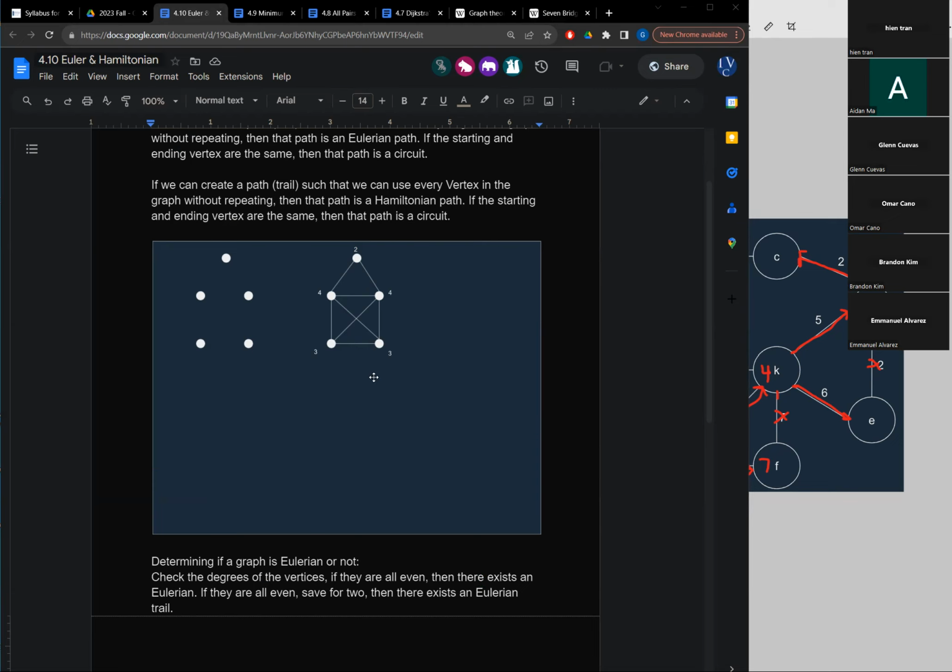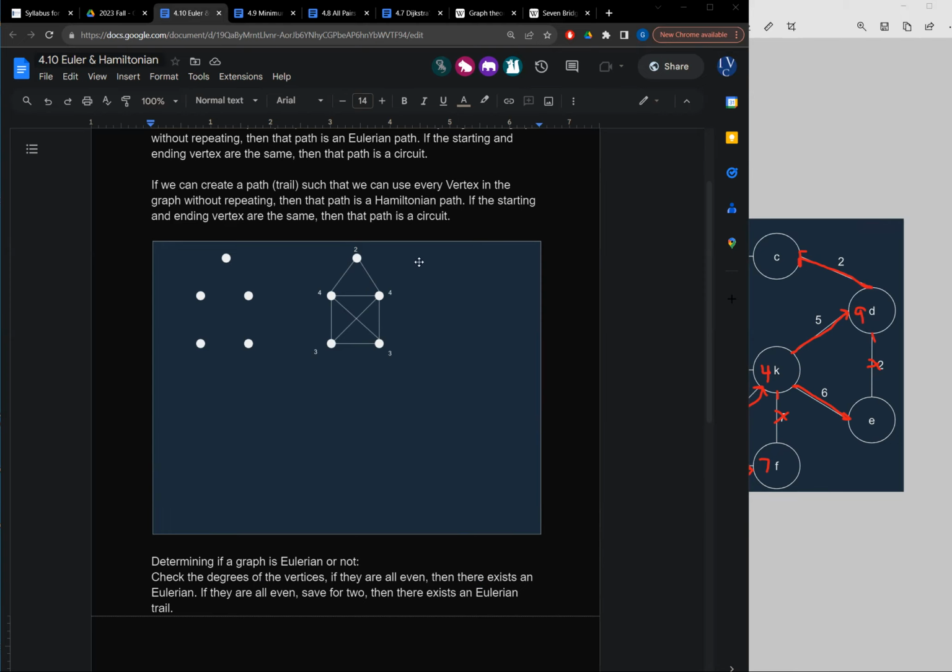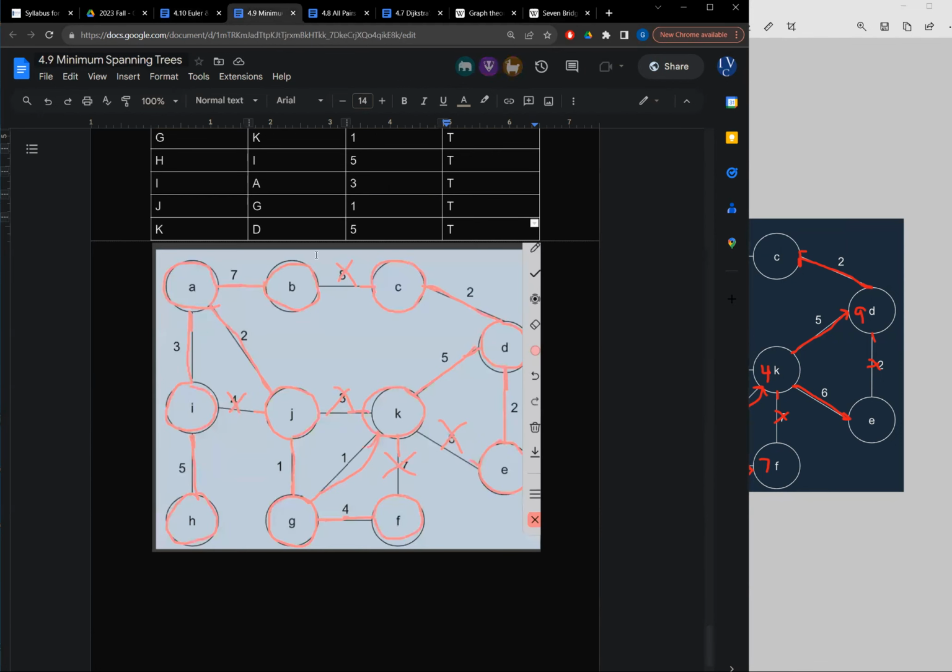All right, so certain circumstances may want us to know if we can do that, and you'll do similar things in the discrete math class. In fact, that's one of the things I forgot to talk about for spanning trees. One of the places where spanning trees are useful is infrastructure.